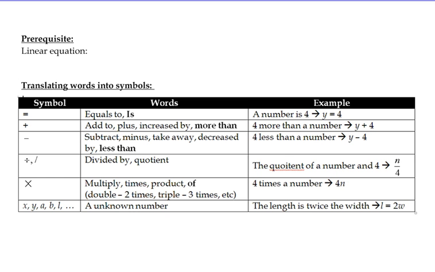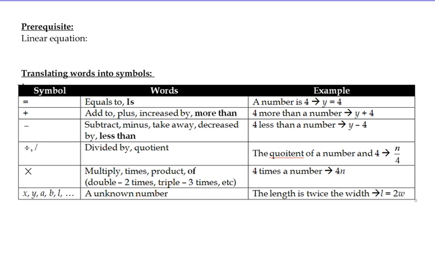Okay, got it? All right, so let's do some review. Prerequisite, you need to know what a linear equation is. What is a linear equation? An equation that looks like a line. Yes, it does look like a line. What specific property, when we look at an equation, tells you it's linear?